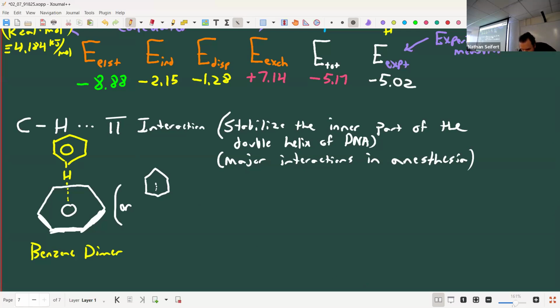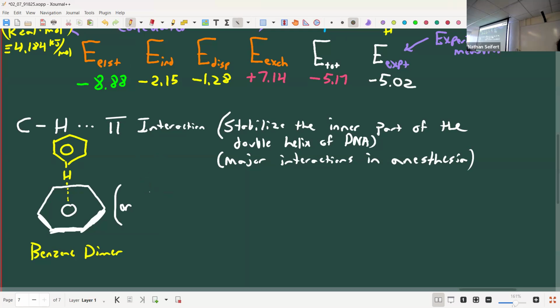Let me see if I have a pretty picture of it somewhere. For a long time, people thought that this wasn't the most stable structure. In fact, the structure that people thought, let's see if I can draw it, where the two rings kind of sat like two pancakes.